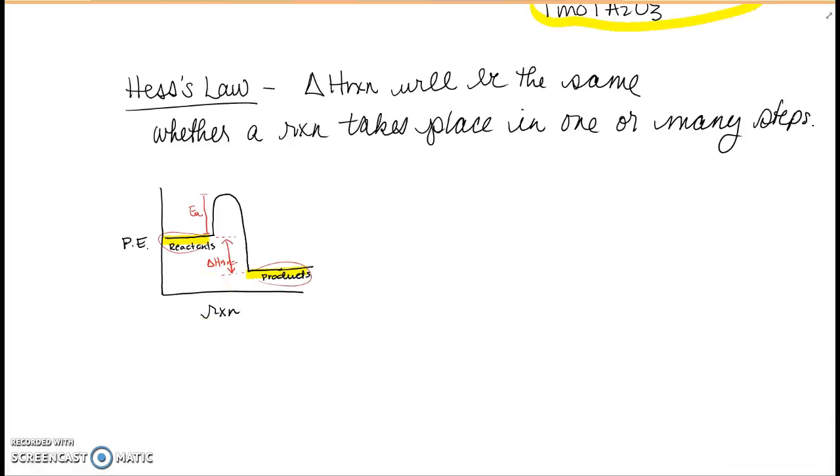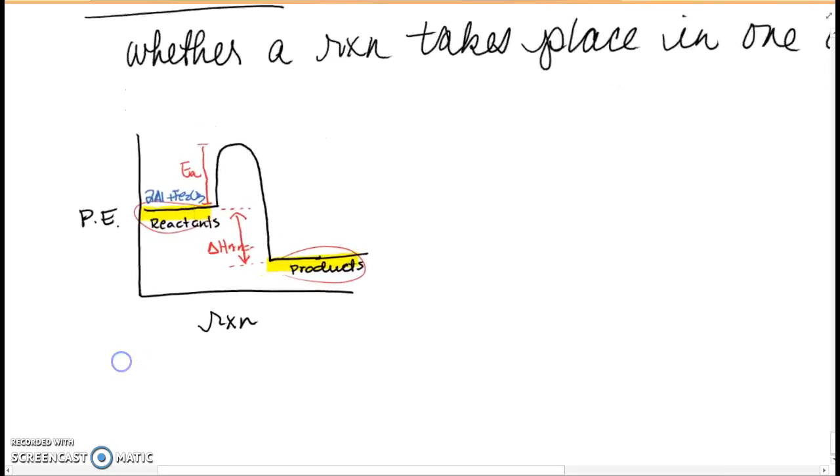Well, if we were talking about our reaction of 2 aluminum plus Fe2O3, and it falls apart into products of 2 iron plus Al2O3, if that takes place in one step, products minus reactants gives us this delta H of reaction.